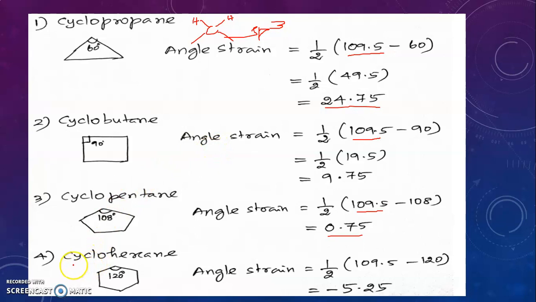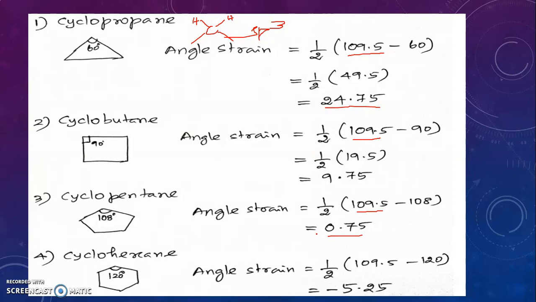Then the next molecule is cyclohexane. In cyclohexane, the internal bond angle is taken as 120 degrees. So angle strain is 1 by 2 into 109.5 minus 120. If you subtract this and divide the value by 2, you will get minus 5.25. Listen, this minus sign and plus sign doesn't matter here. The deviation may be positive or negative; both will give you strain in the molecule.